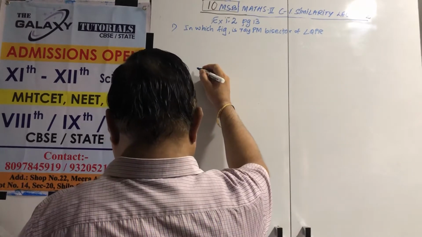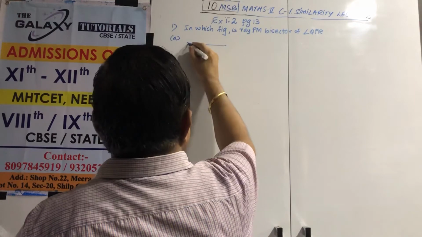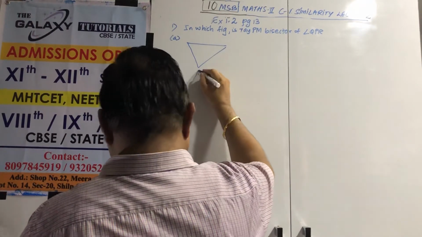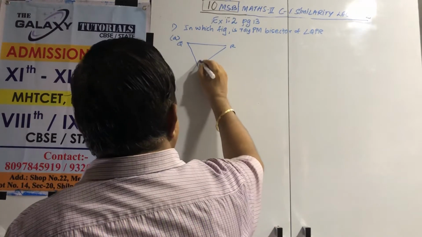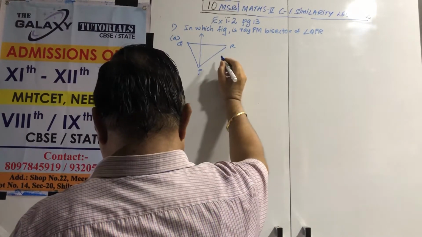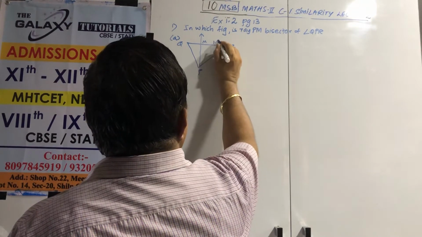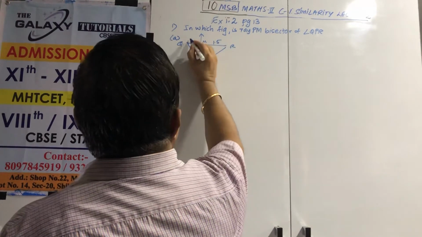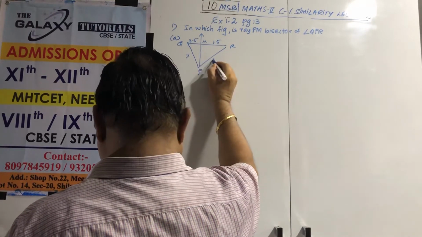So first, given A, they have given a triangle PQR, and this goes here. It cuts at M. This is 1.5. This is supposed to be 3.5, this is supposed to be 7, and this is supposed to be 3.